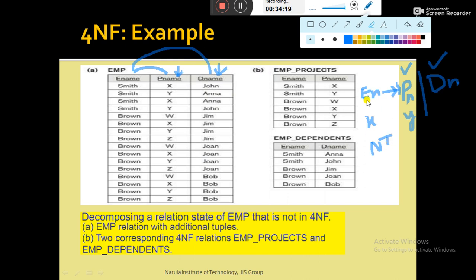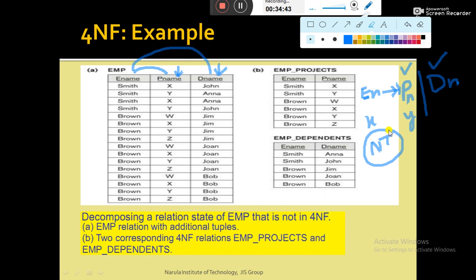Similarly, ename multi-determines dname, that is also a non-trivial multi-valued dependency. Now that means the relation EMP has a multi-valued attribute first of all. Second, the multi-valued dependencies are of non-trivial type.